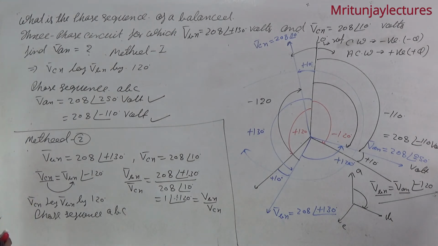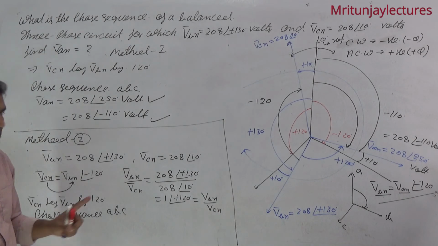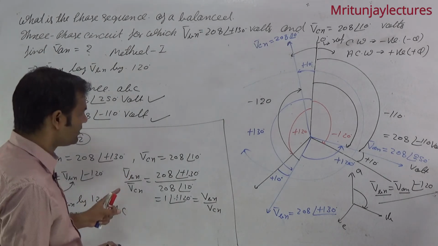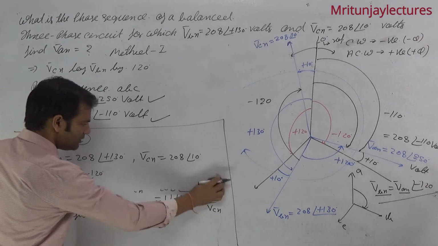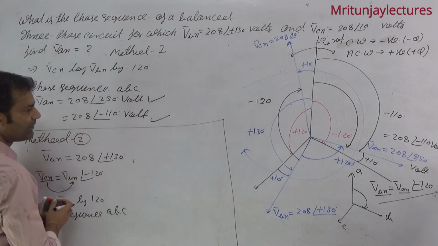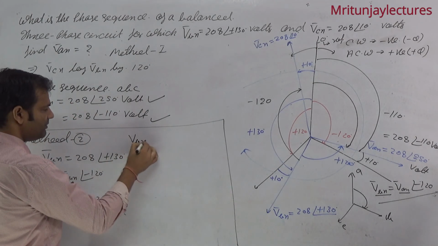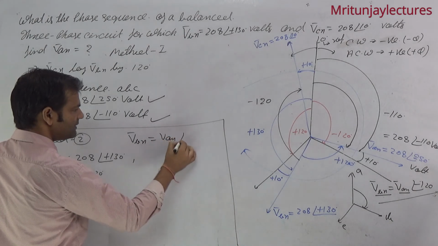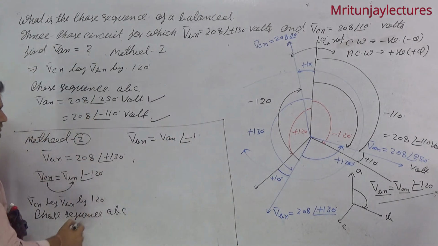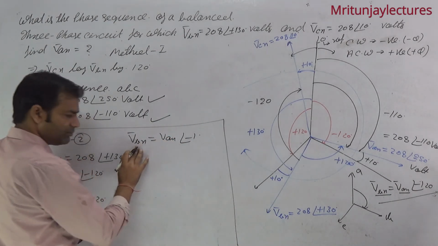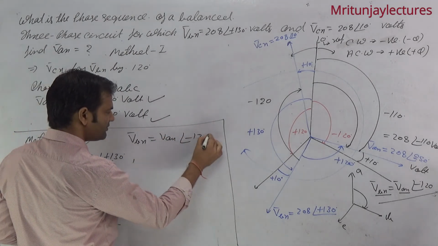Now our next target: determine VAN. How to determine VAN? I know that if the sequence is ABC, then VBN is equal to VAN at the angle minus 120.